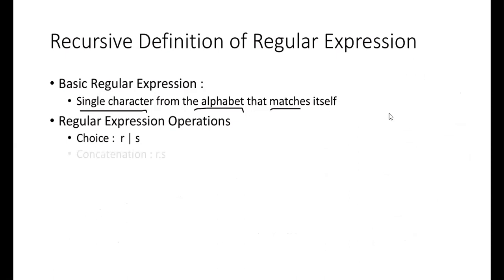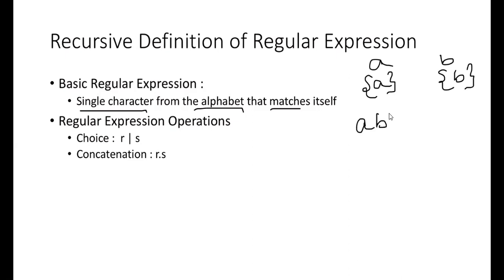Next, we have concatenation, R dot S. So we already saw that A is a regular expression, B is a regular expression. What is the set? The set is A and the set is B for each of these. Now, concatenation, or we can write like this, AB. What is this?